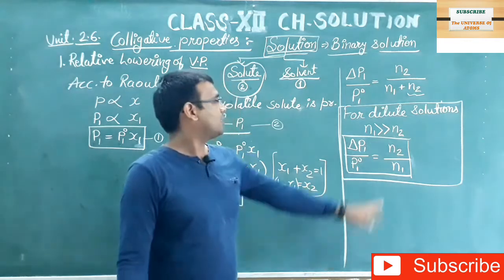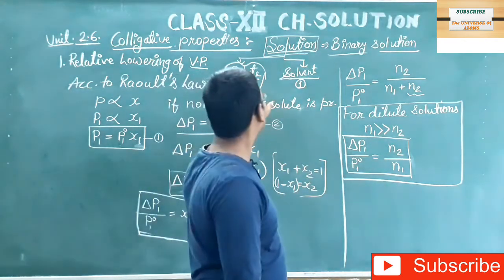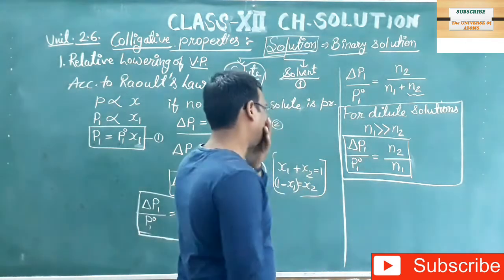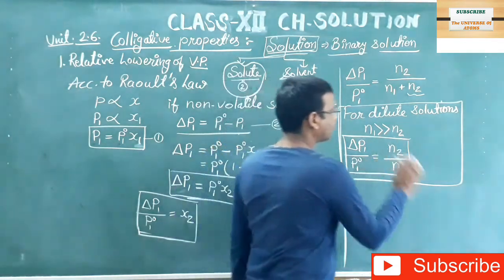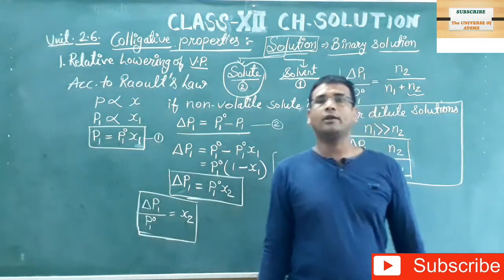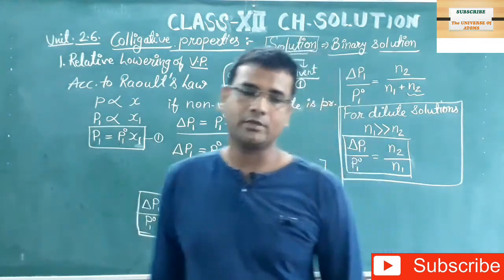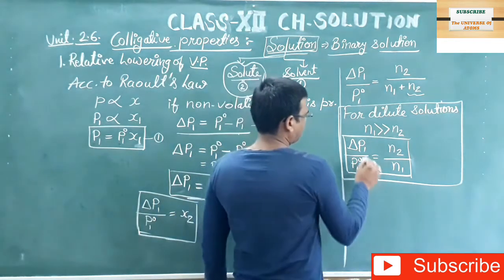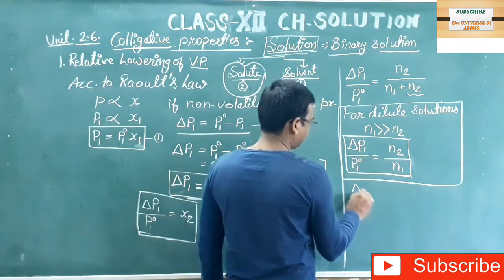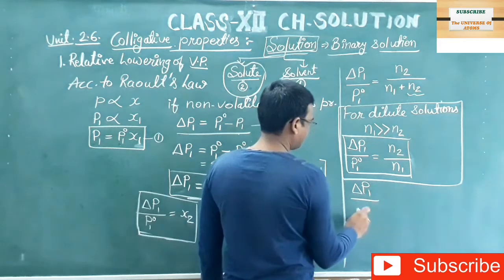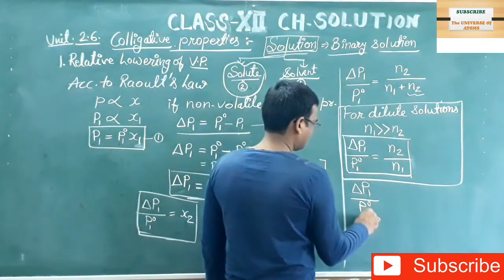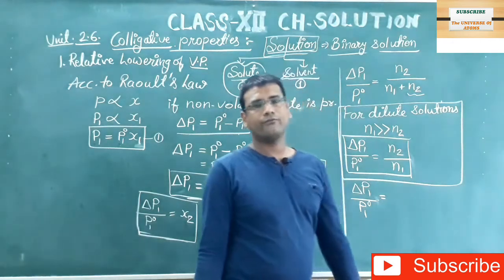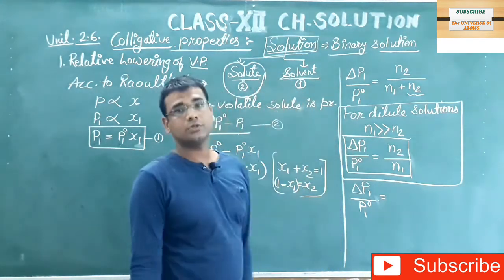Now what is n2 here? Moles of solute. What is n1? Moles of solvent. We can again change this formula in terms of molar mass and given mass. How? Delta P1 upon P1 naught is equal to, how to calculate the moles of solute?